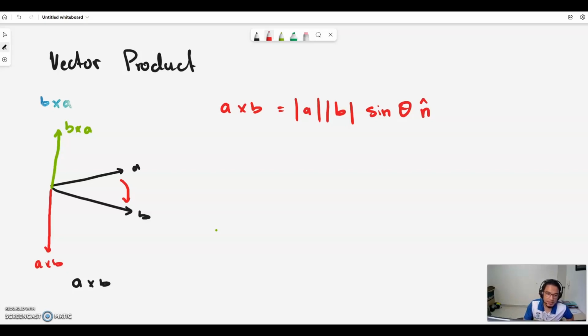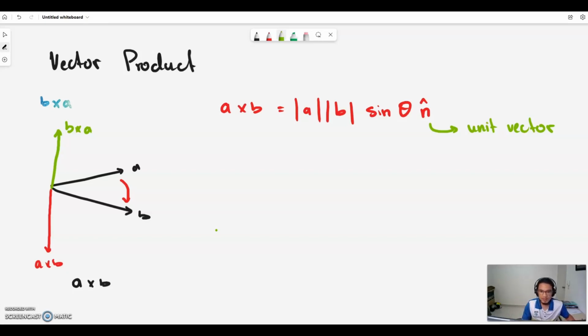What is this n? n is the unit vector for the resultant vector that we obtain after the cross product, for example this one, AB. And the magnitude of A multiplied by the magnitude of B sine theta becomes the magnitude for this unit vector.